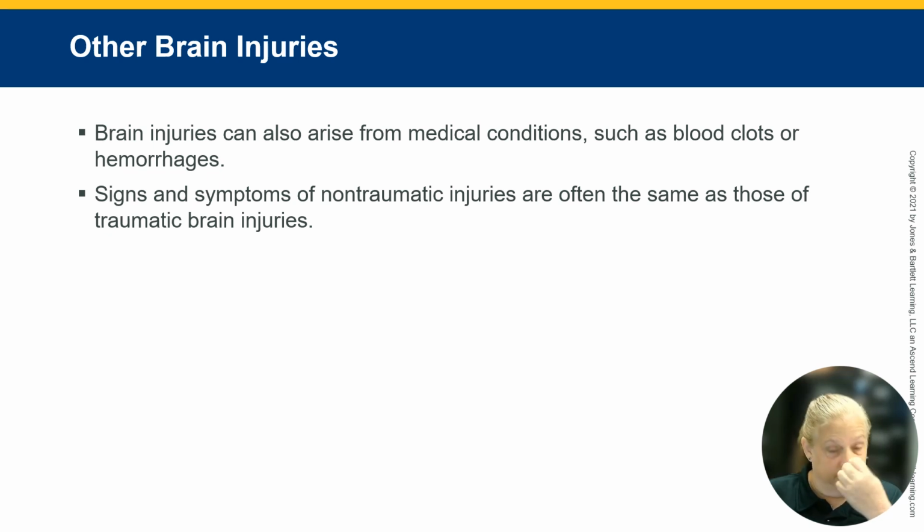We can have other brain injuries, such as those arising from medical conditions, blood clots, hemorrhages, infections. You can have signs and symptoms of non-traumatic injuries. The signs and symptoms of non-traumatic injuries are generally going to be the same as a traumatic brain injury.